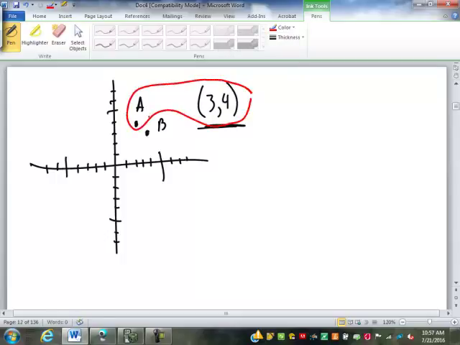A matches up. I didn't do them perfectly, but 3 would be first and 4 second. B would be 4, 3. The other way around.